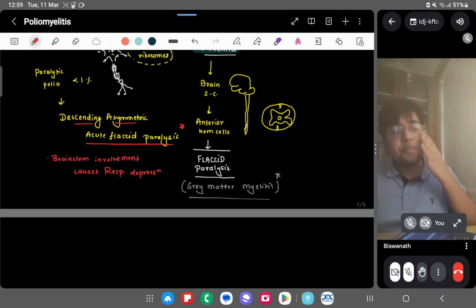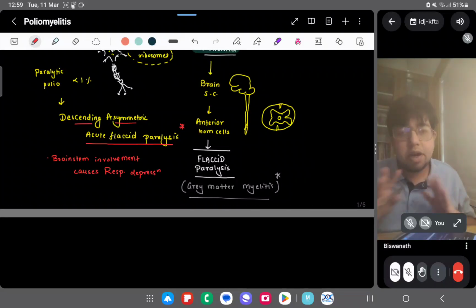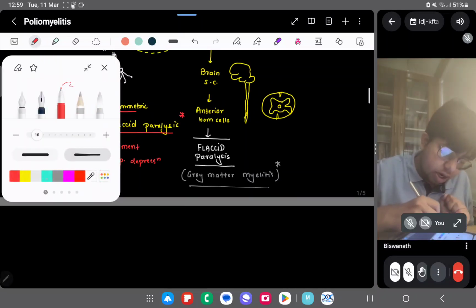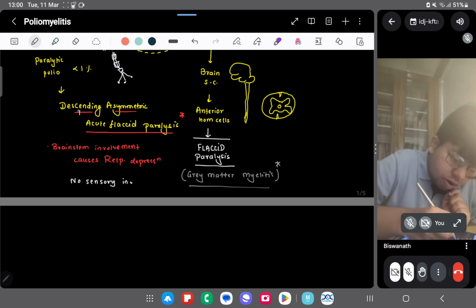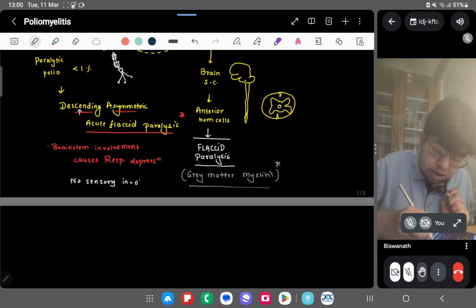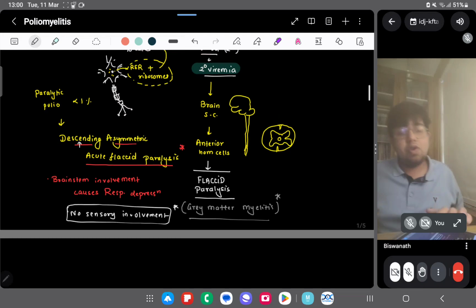So involvement of the DRG, VRG and all, if that is involved, then there will be respiratory depression, respiratory failure and death, right? And here, as I told you earlier also, there is no sensory involvement. It's all motor. I told you descending, right? No sensory involvement at all. You have to remember this point also.